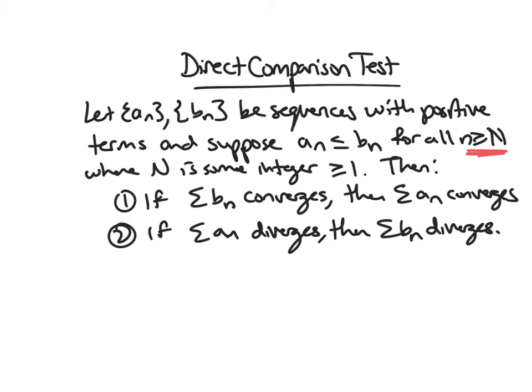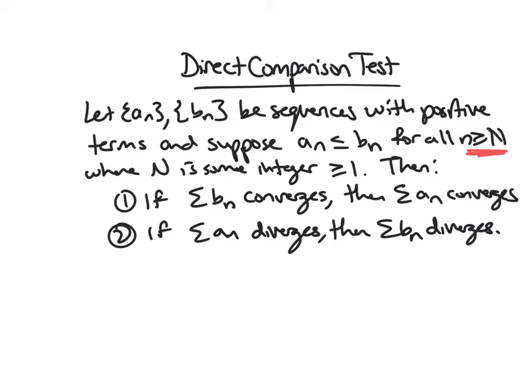Basically, once you're past this threshold capital N, your a_n terms are always no bigger than your b_n terms. And so the result is exactly what you would expect, from the improper integrals. If the series of the b_n converges, well, this is the bigger one, and so the smaller one must also converge and go to a finite number. If the smaller one goes off to infinity, then the bigger one has to be bigger and must diverge as well.